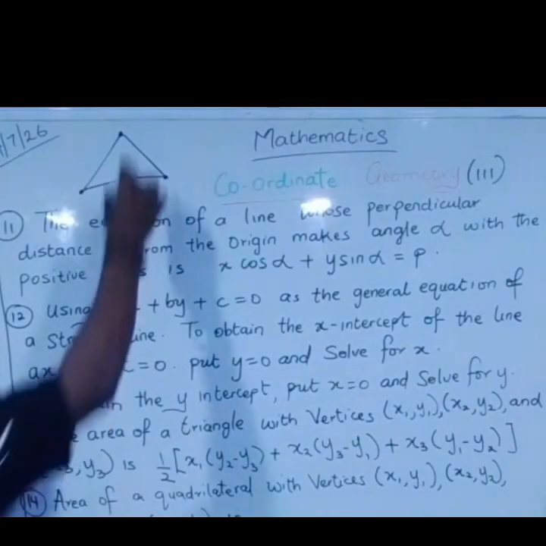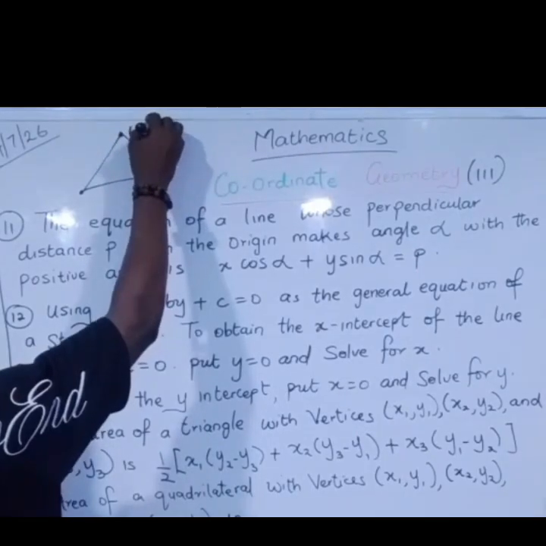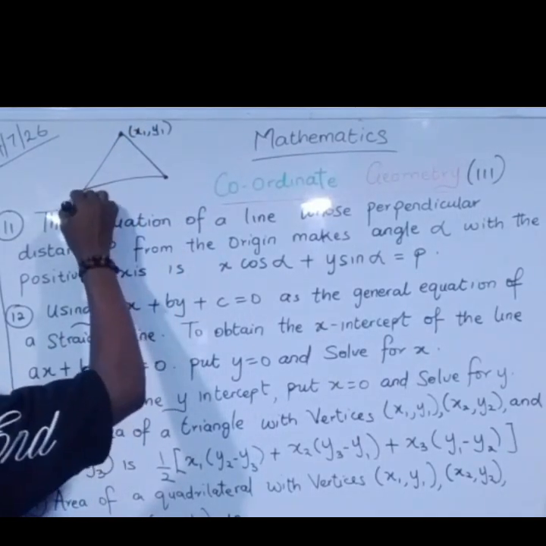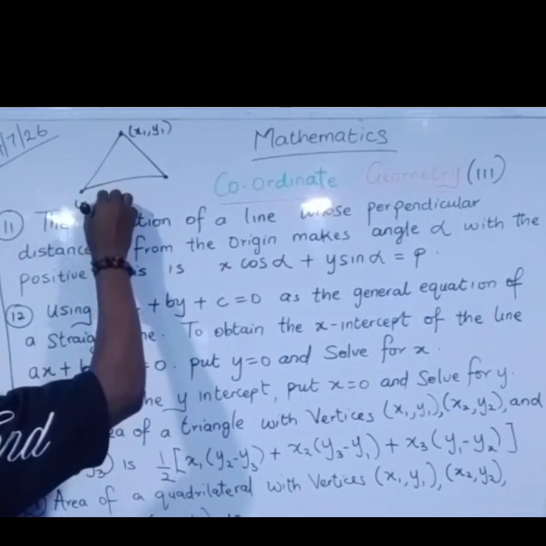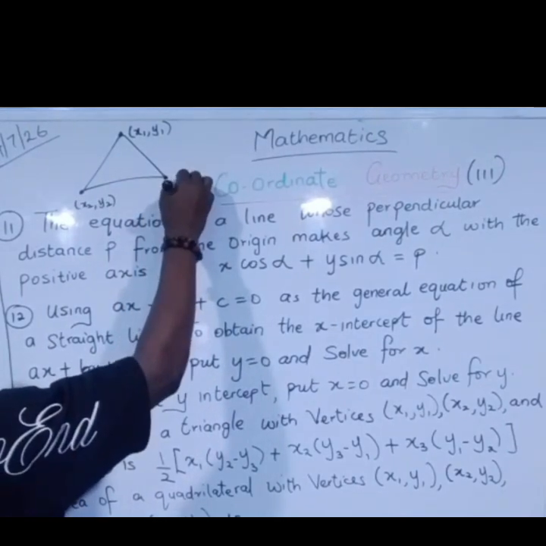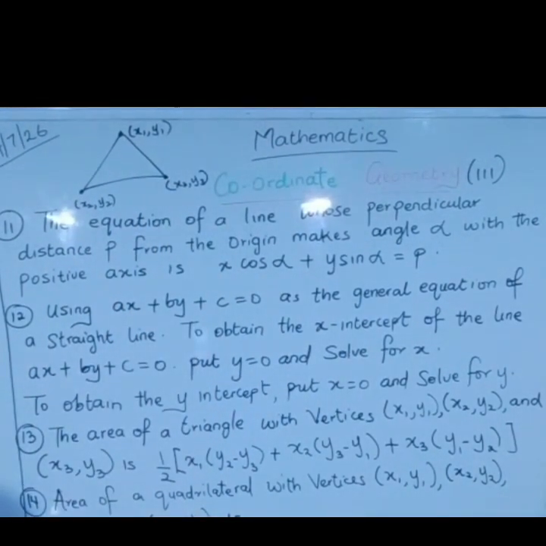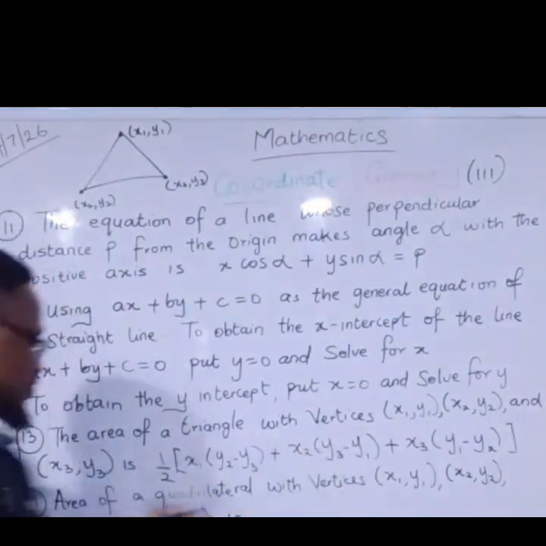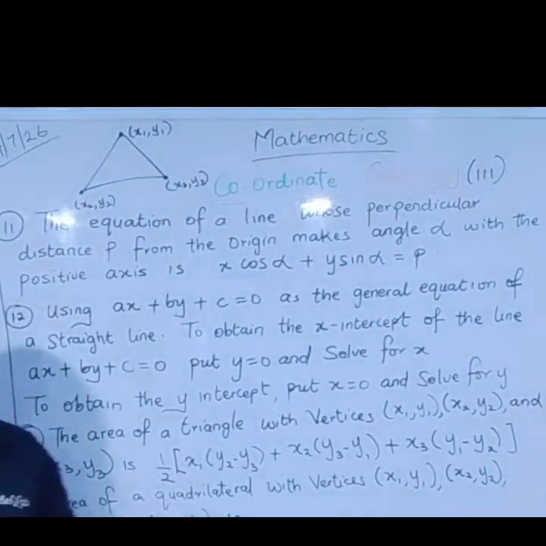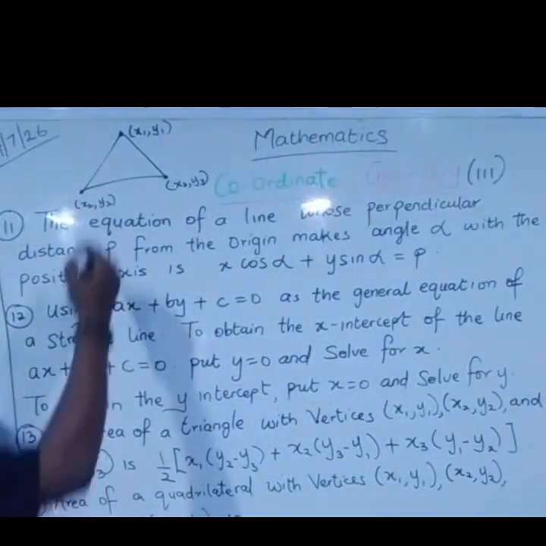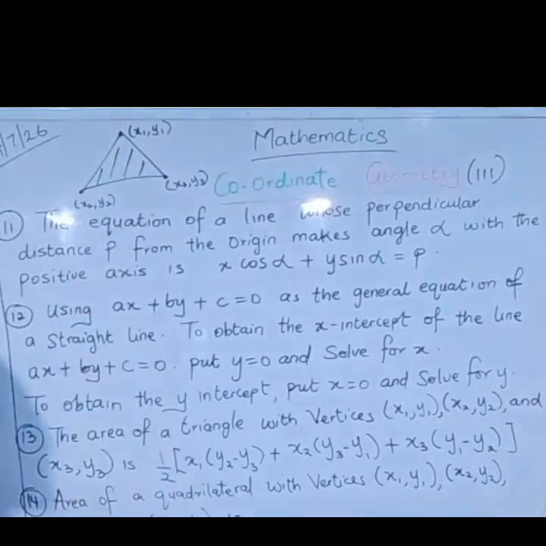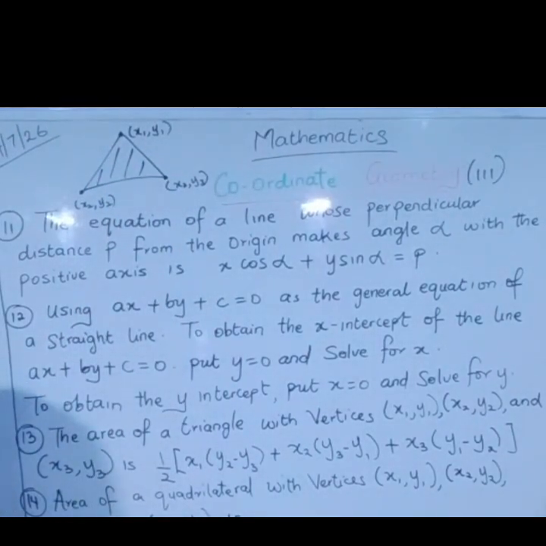So if here is x1, y1, here is x2, y2, and here is x3, y3, that's what I mean by this. So if they give you the vertices of the 3 points on the triangle, how do you get the area? Just use this formula.